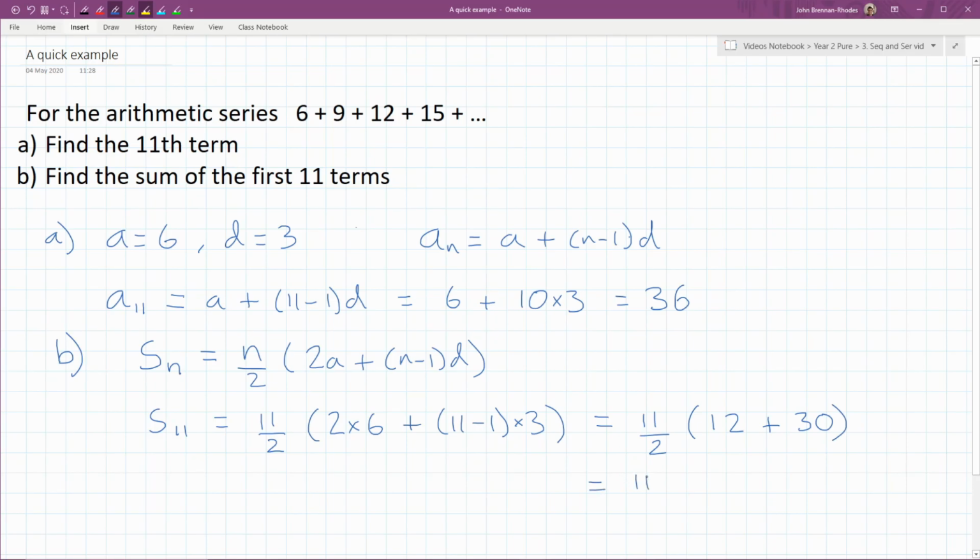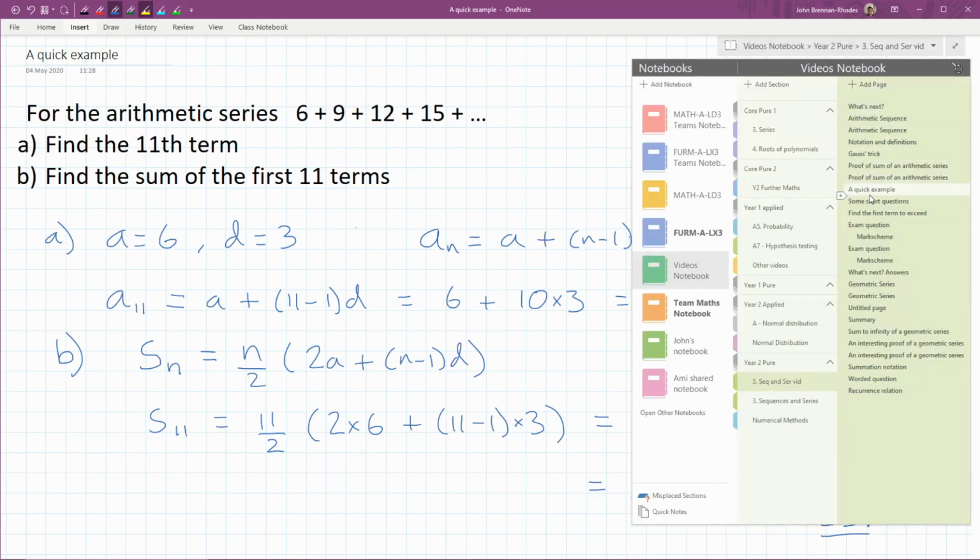So we have got 11 times 42 over 2, which is equal to 11 times 21. And that is going to be equal to 231. I check my arithmetic there: 210 plus 21, and it should be 231, which is my final answer.